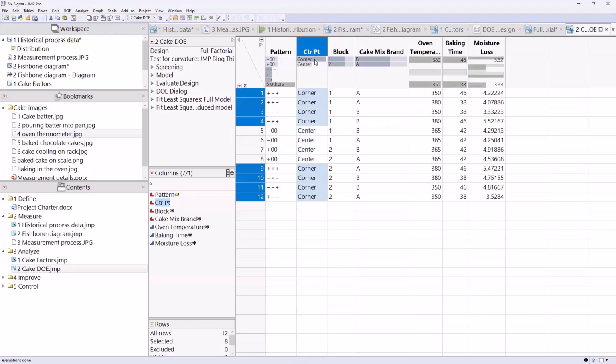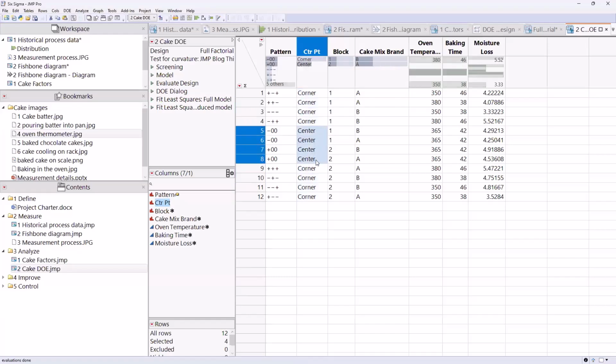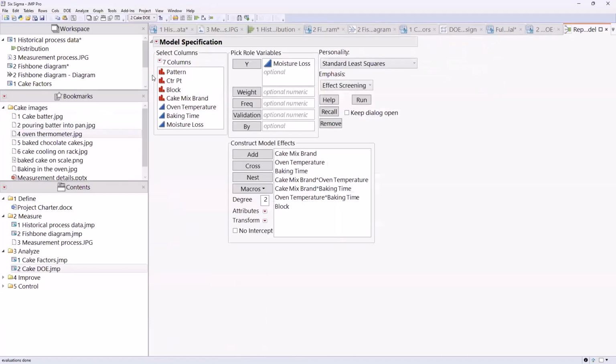So this just tells JMP which rows are corner points in the design and which ones are center points where the factors are at their middle levels. And we're going to add this column to our analysis just to get a test in the output for the center point. So to do that, I'm just going to hit the model button here.